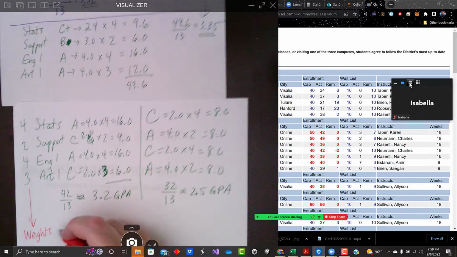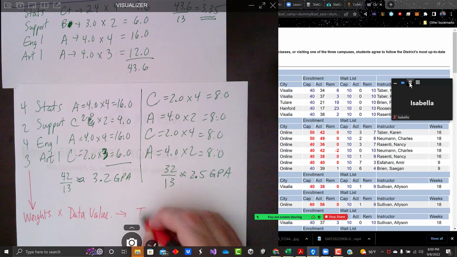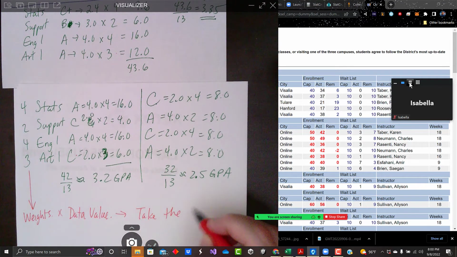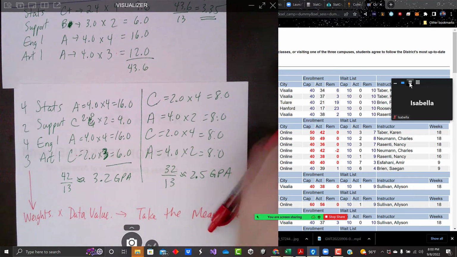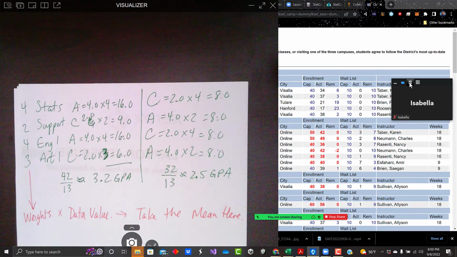So they do weights times the data value, and then they take the mean of those. Again, it's not going to be on your midterm, but it is your GPA. I thought it would be good for you to know how it's calculated.